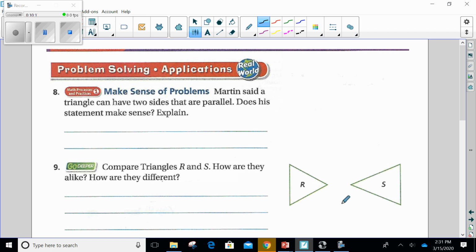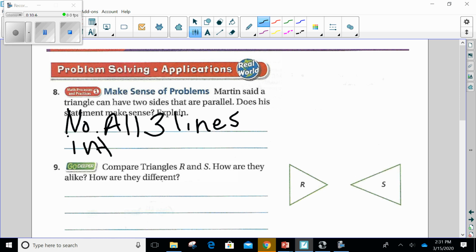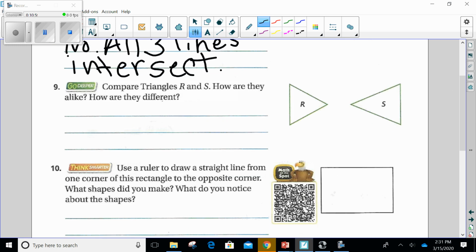You say, no. There is no way, because all three lines of the triangle intersect. So there is no way that they can be. Nice try, Martin. We'll give him kudos for trying.